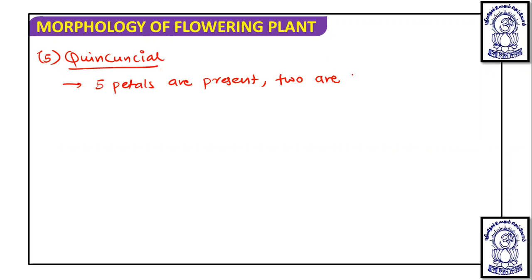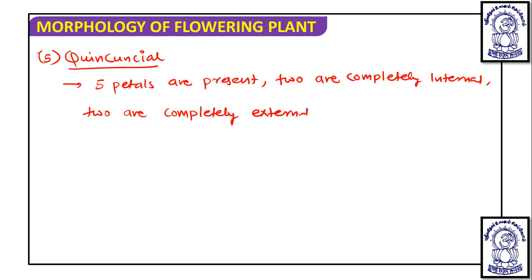Two are completely internal, two are completely external, and the remaining petal is in an overlapping condition.